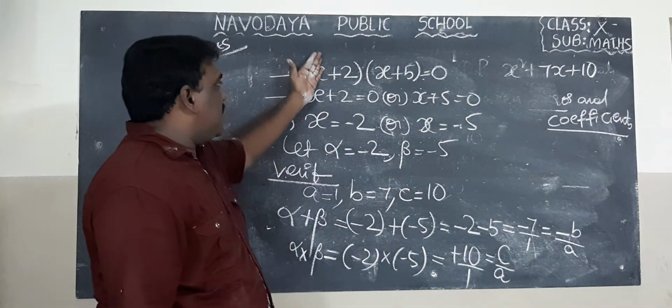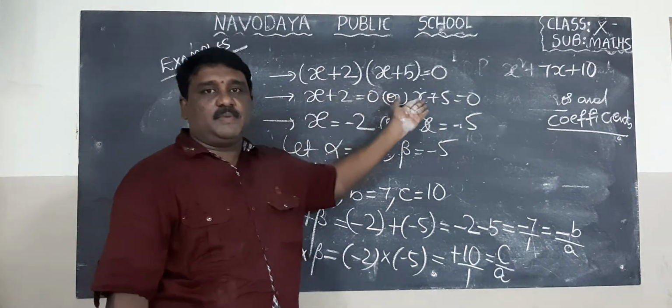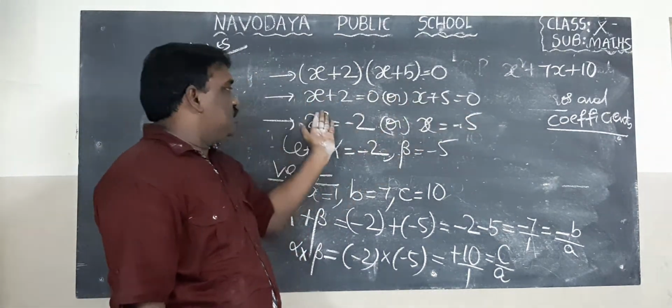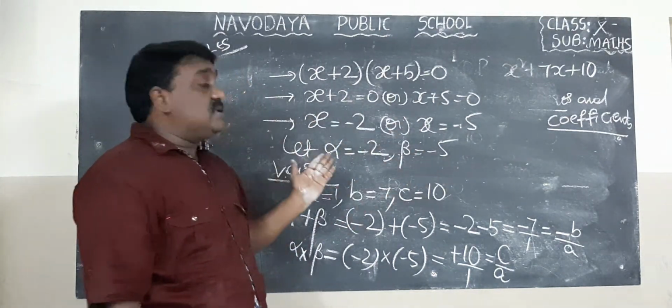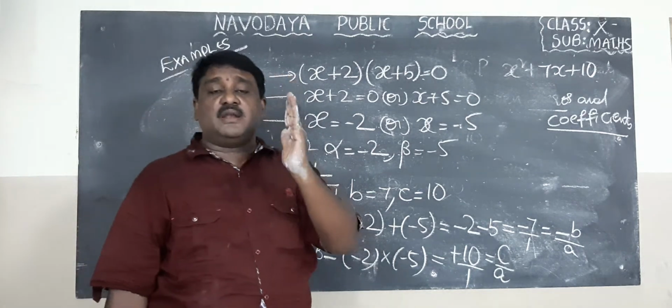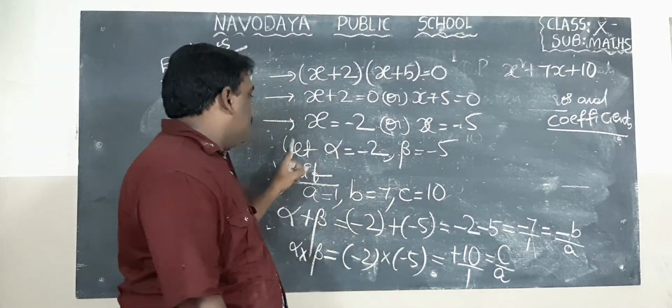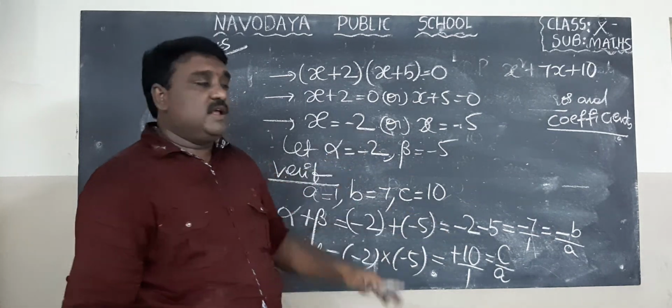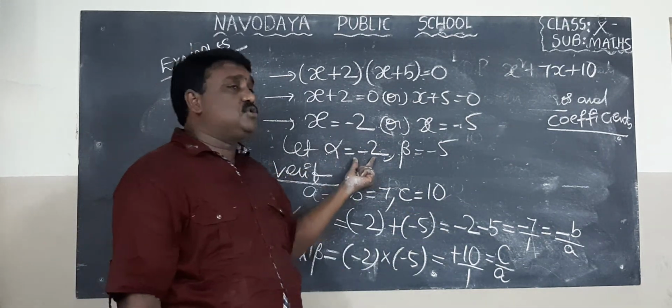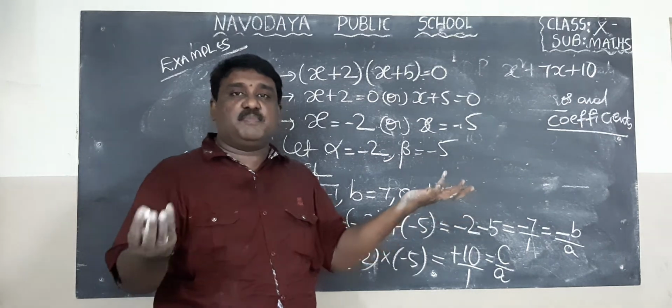So first bracket equal to 0 or second bracket equal to 0. Plus 2 becomes minus 2, plus 5 becomes minus 5. Minus 2 comma minus 5 are zeros of p of x. Alpha is minus 2, beta is minus 5. Verification: minus 2 and minus 5 are zeros of p of x.